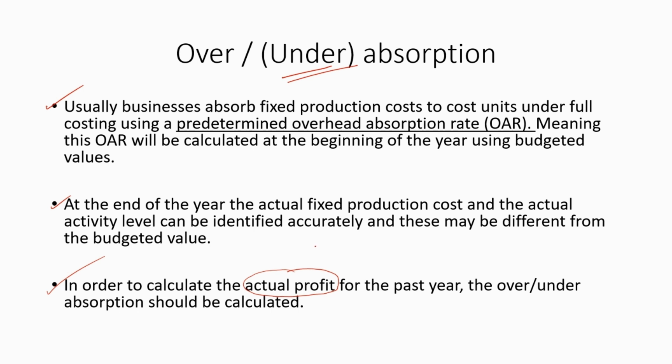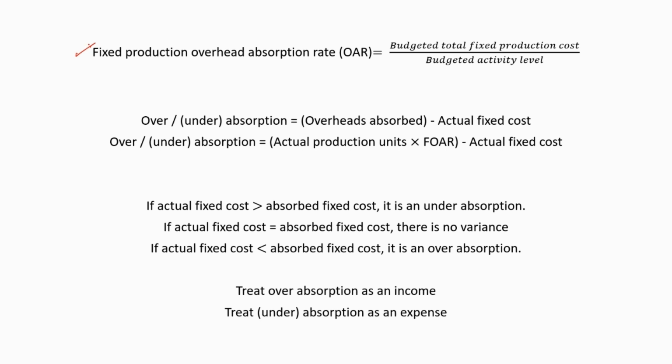But in the context of real businesses, this is really important. As we now know, this is the OAR calculation. OAR is equal to budgeted total fixed production cost divided by the budgeted activity level. This is the base. The base can be either units, labor hours or machine hours. We just discussed this earlier.